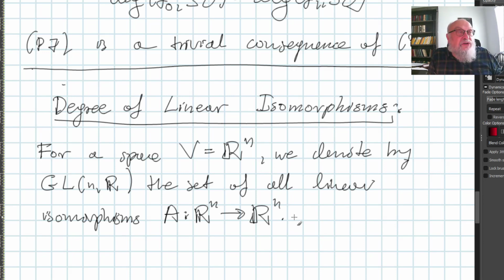Clearly, you can think about the GL(n), which is called the general linear group of Rn. So this group.